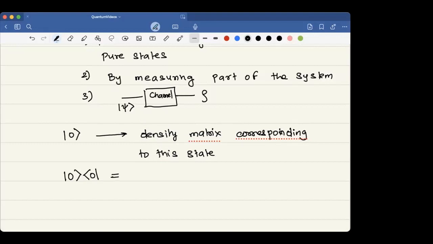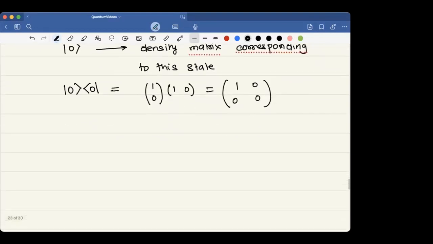So the matrix will be the column vector (1, 0) times the row vector, and this will be the projection [[1, 0], [0, 0]]. If you have, on the other hand, the state 1, then the density matrix corresponding to the state 1 is given by the column vector (0, 1) and the row vector (0, 1). So this will be [[0, 0], [0, 1]].